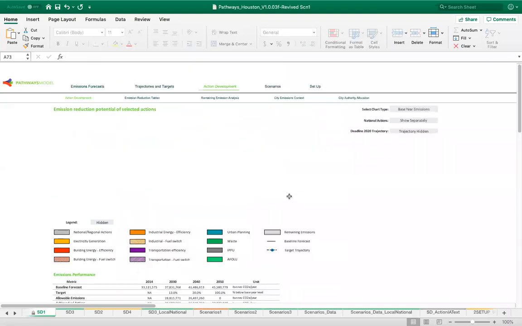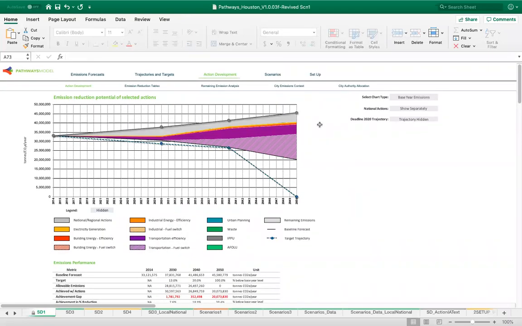Similarly, we've done our best to set the model up. C40 does want our cities to be achieving carbon neutrality. Zero is a very precise number, and as such, when you do the modeling, it's tricky to get the model to hit exactly zero for all sorts of different reasons.